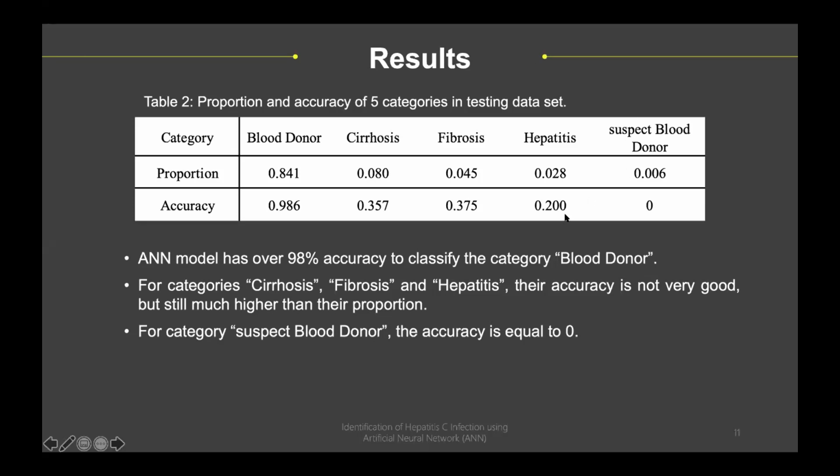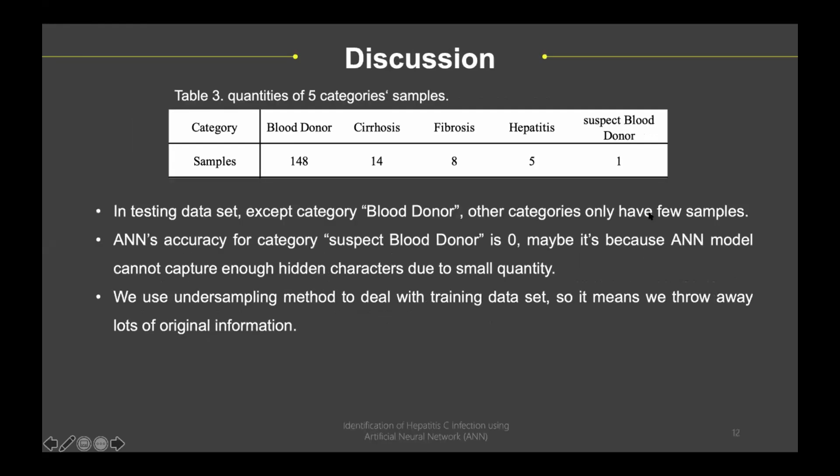For suspect blood donor, the accuracy is equal to 0. In the testing dataset, except blood donor, other categories only have a few samples. ANN's accuracy for suspect blood donor is 0.